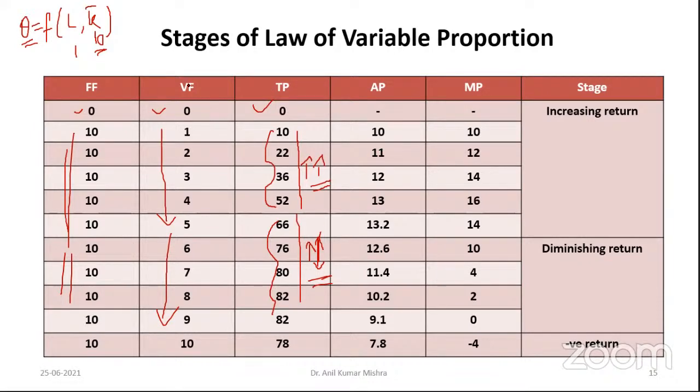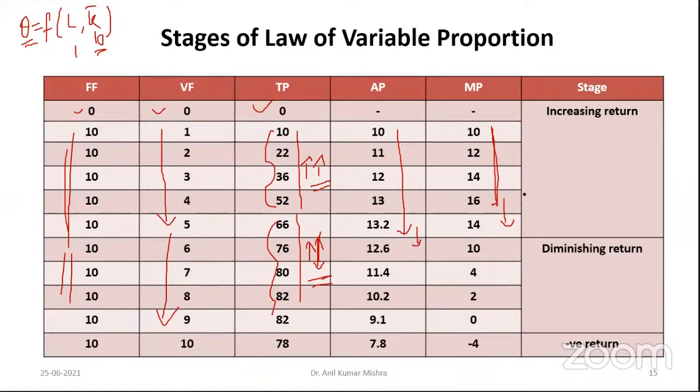When the variable factors are increased with the constant fixed factor, then the marginal product increases initially. This is the marginal product, mark it. The marginal product increases, right? Thereafter, it reduces, right? But the average product continuously increases, mark here. It increases up to this. Thereafter, it reduces.